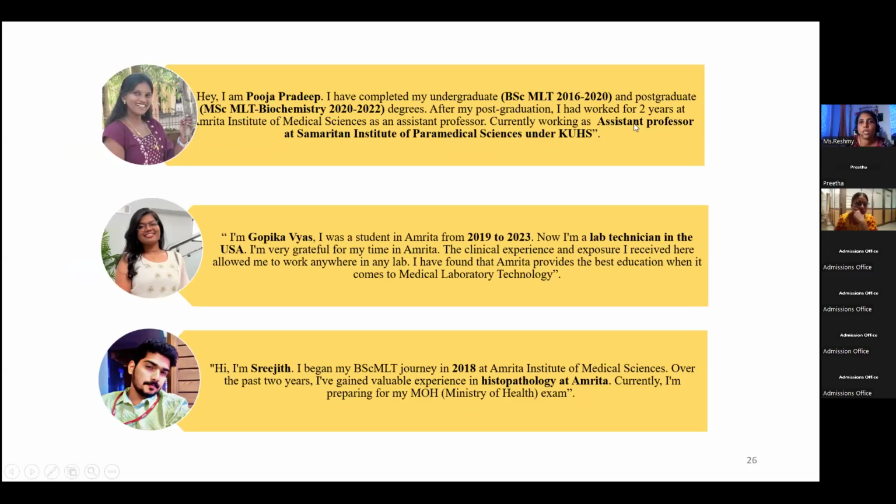Now she is working as assistant professor, and she was a gold medal winner, I think, of her B.Sc as well as MSc batch. Now Gobika was a student who came all the way from USA to study laboratory technology from Amrita. She was a 2019-23 batch student, and she is now working as a laboratory technician in USA itself.